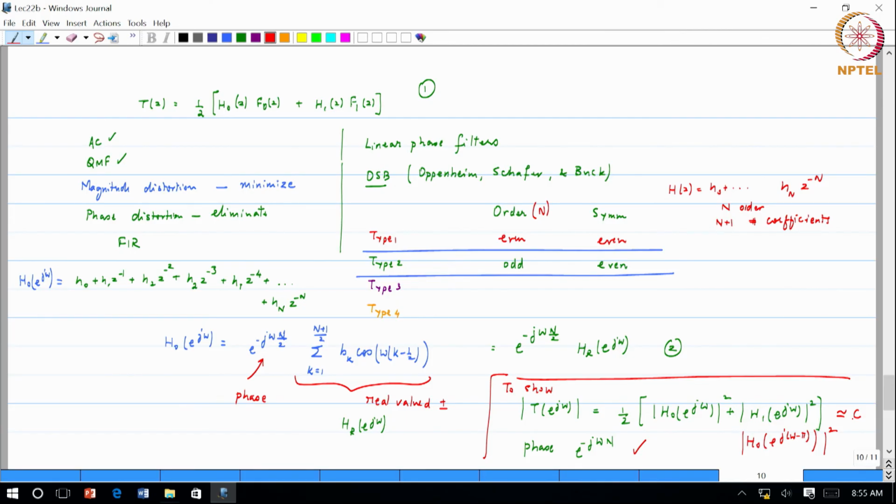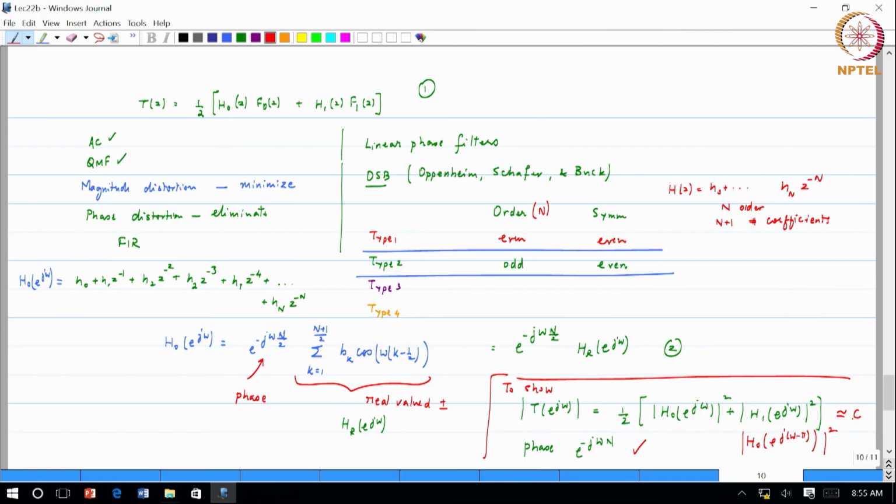Okay, that is the magnitude response, and the phase response is e to the power minus jωn. So, you have to show this result using 1 and 2.